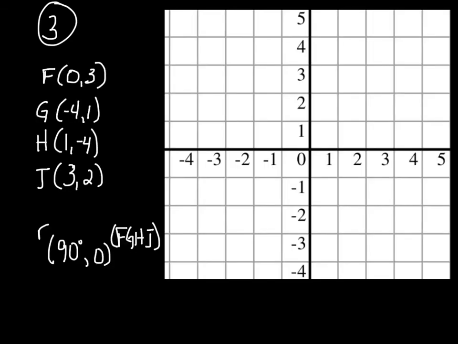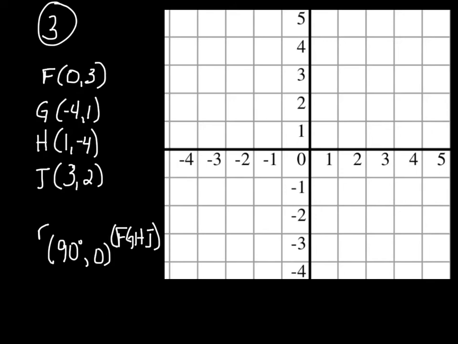So let's do the practice problem number 3 on page 518. In exercises 3 and 4, we're going to use the graph at the right. Now, I'm not going to regraph it because it's right in your book that you can use and write with. So number 3. We want to rotate quadrilateral FGHJ 90 degrees around the origin.